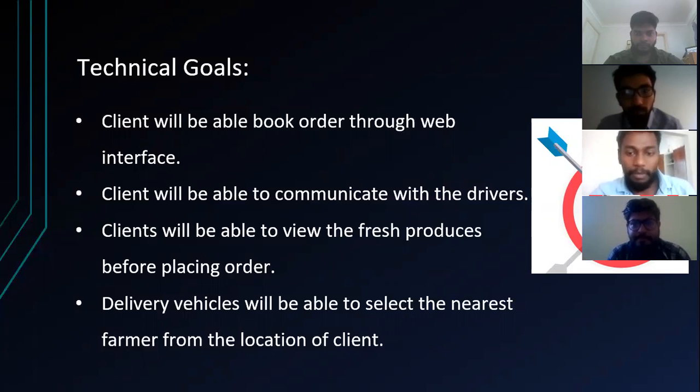So the company makes sure that good products are kept in the web interface so that clients can view them. Also, the truck drivers can locate the nearest farmers for the client through the web interface.